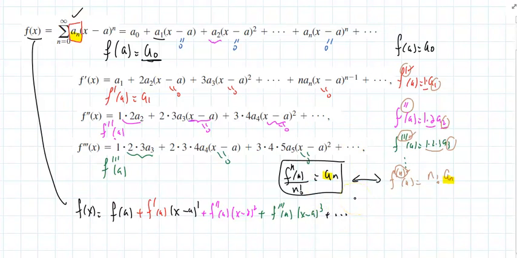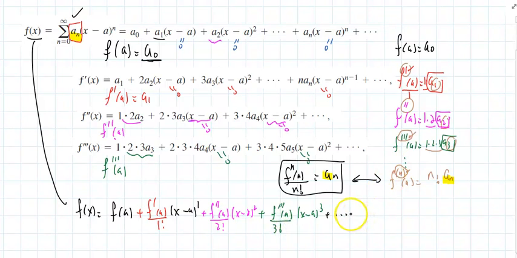And don't forget that a sub 1 right there, dividing by 1 is not a problem. That really doesn't mean much. But when I get to a sub 2, that's really over 2 factorial. When I get to a sub 3, that's really the third derivative over 3 factorial, and the list goes on.